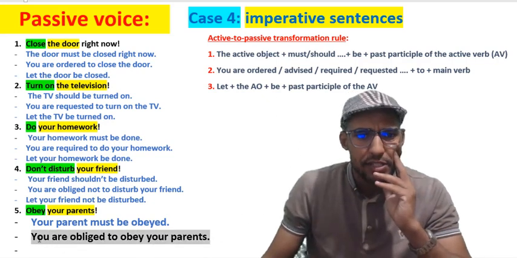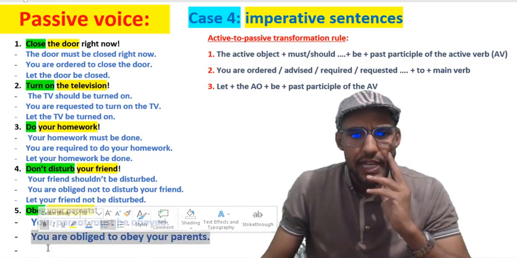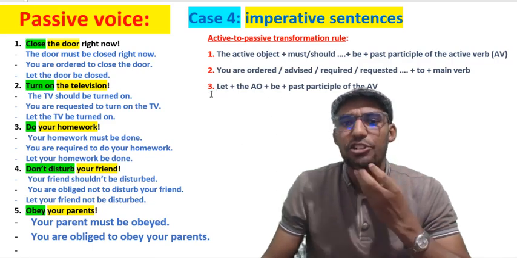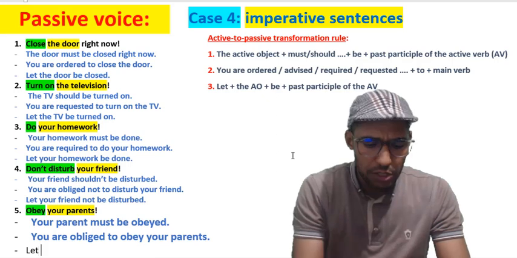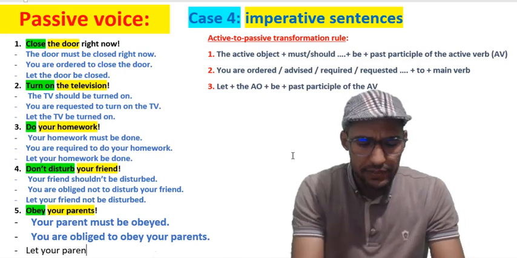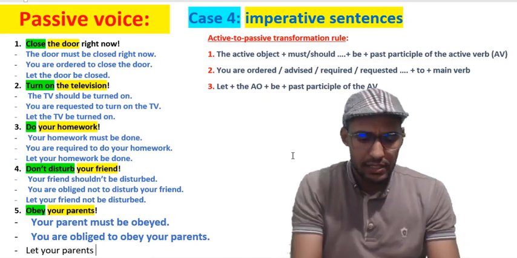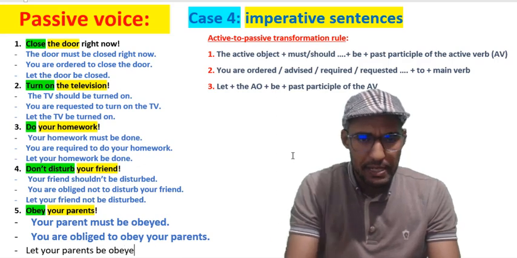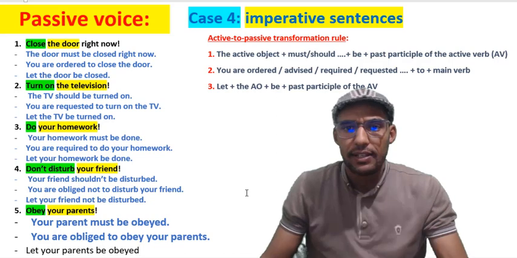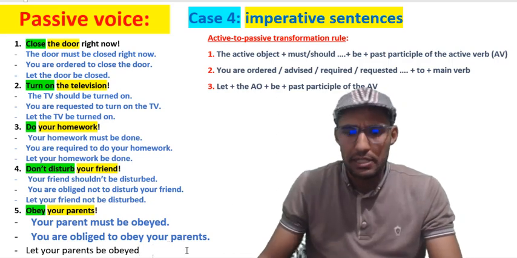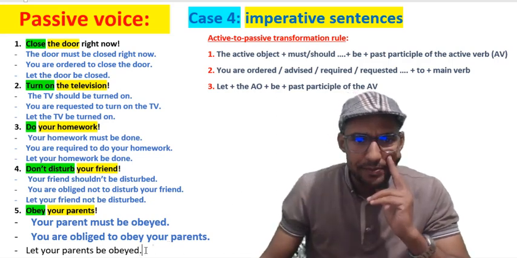Listen to your parents. And the last example structure, guys, let's plus the active object. Let your parents, and then be plus the past participle of the verb. We have a regular verb here, so we say obeyed. Let your parents be obeyed, guys.